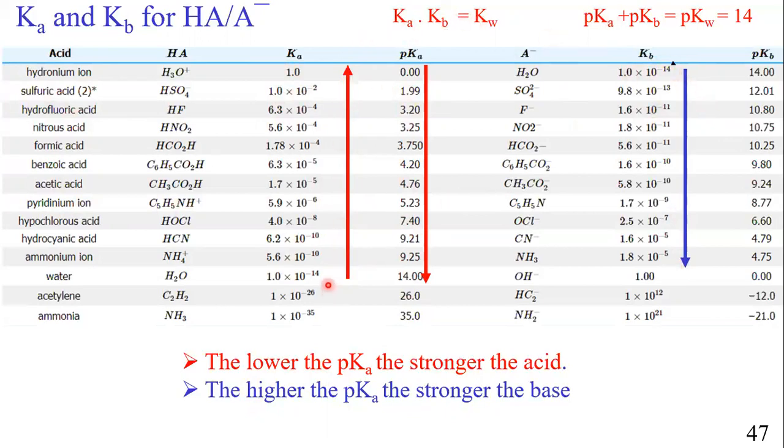So as my acid strength increases, the strength of the conjugate base of that acid decreases. The weaker the acid, the stronger its conjugate base. But these conjugate bases are never stronger than OH minus.